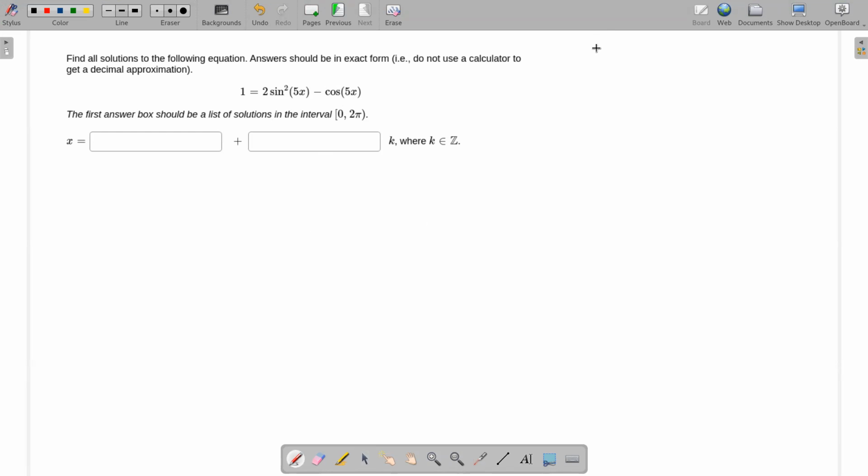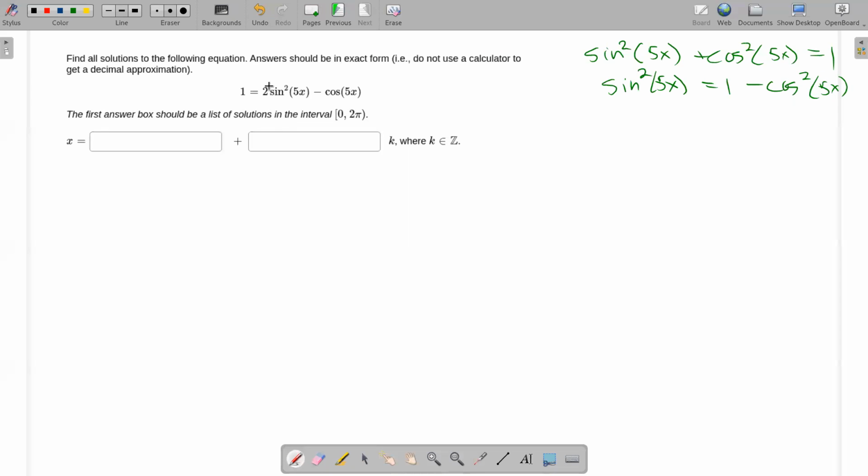The Pythagorean identity says that the sine squared of 5x plus the cosine squared of 5x has to equal 1. So then the sine squared has to equal 1 minus the cosine squared.